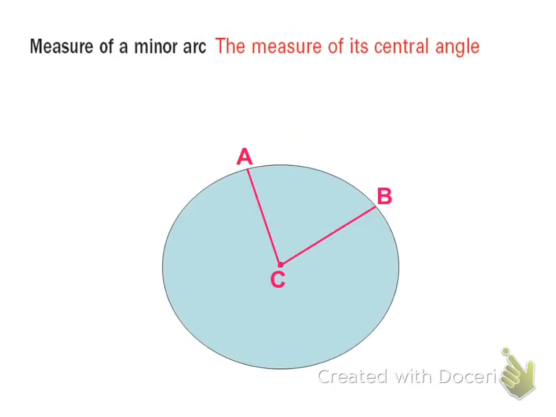The measure of a minor arc. The measure of a minor arc is the same as the measure of its central angle. So if I wanted the measure of arc AB, the measure of this arc would be the same as the measure of this angle.